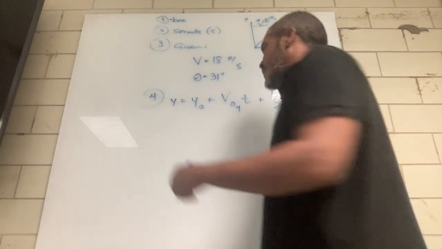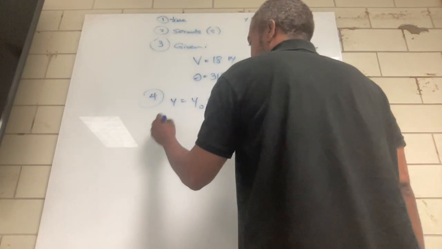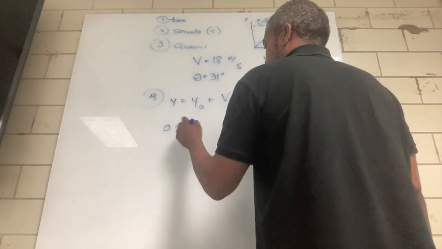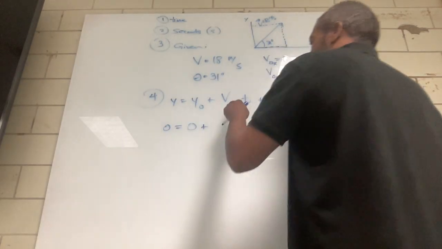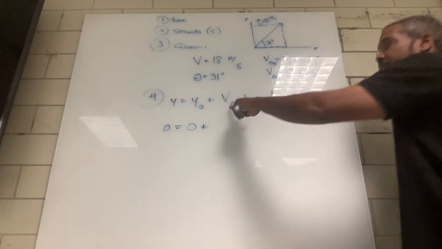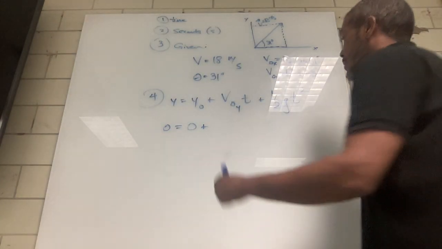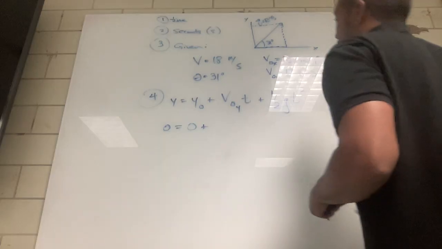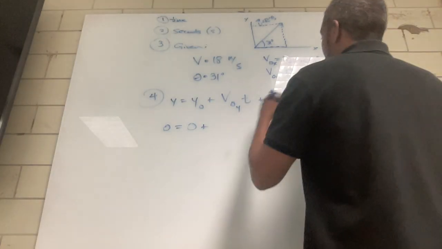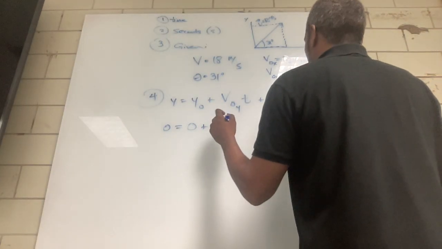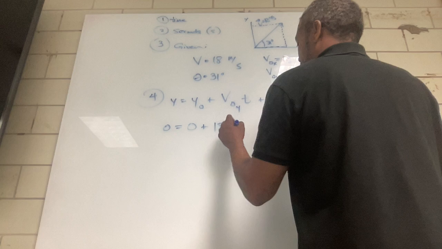Okay? So we can start putting that in. This is our initial speed in the y direction, which is 18 sine 31.